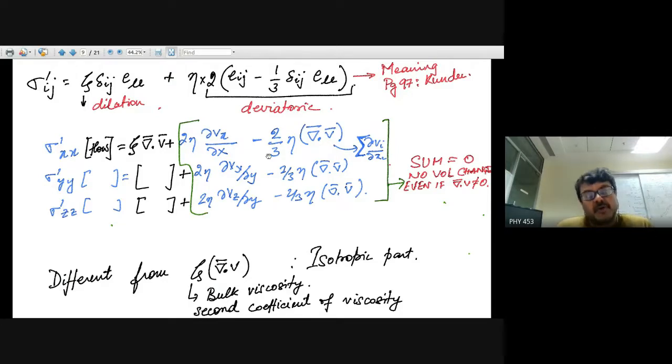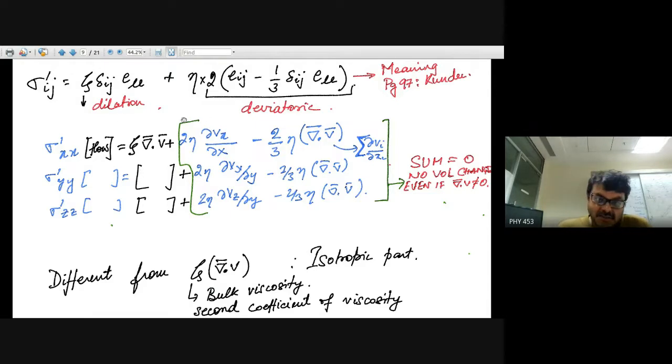Moreover, what I want you to notice is that this part also could contribute to the diagonal elements, right? So it's the same shear viscosity which relates to shear stress, but it also appears in the diagonal elements of sigma dash ij, right?